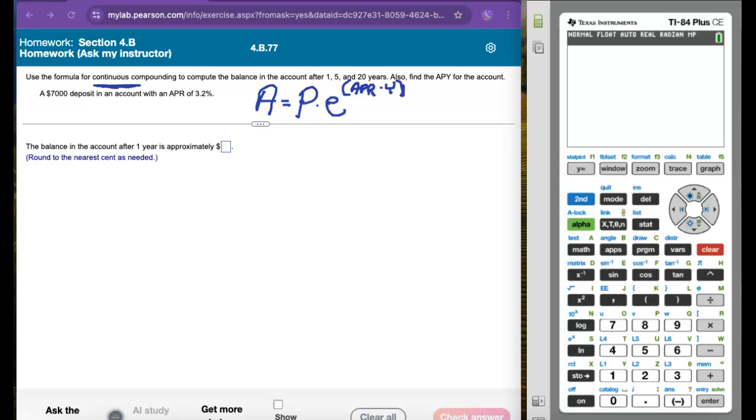Okay. Now, when we get ready to use this E over in the calculator, it's located right here.